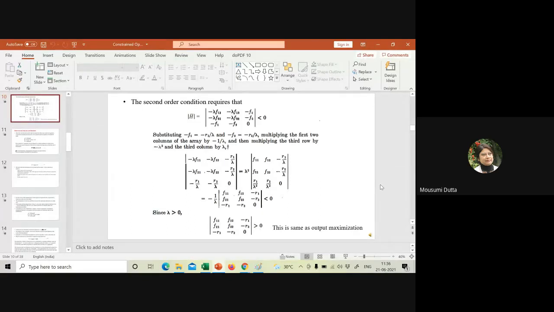Starting from one, replacing a few terms, we can reach the second order condition of the other. So we stopped theoretically with these particular slides.